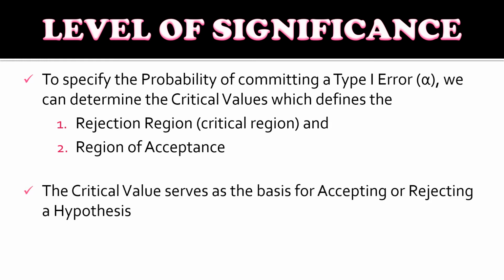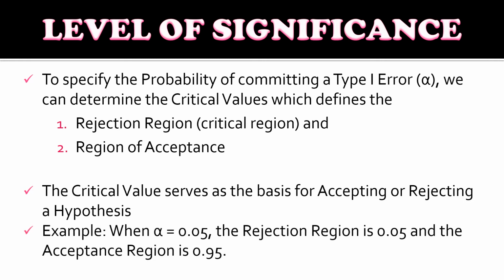The critical value serves as the basis for accepting or rejecting a hypothesis. For example, when alpha equals 0.05, the rejection region is 0.05 and the acceptance region is 0.95.